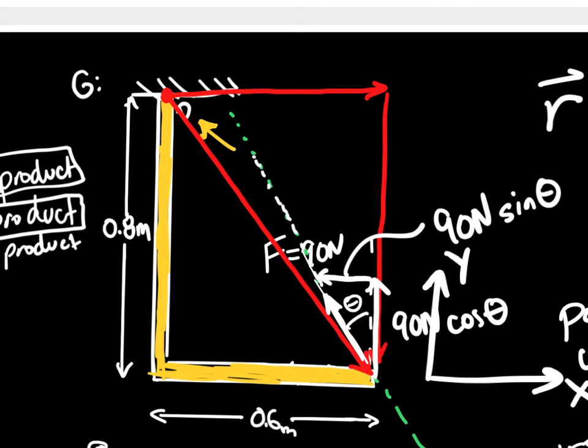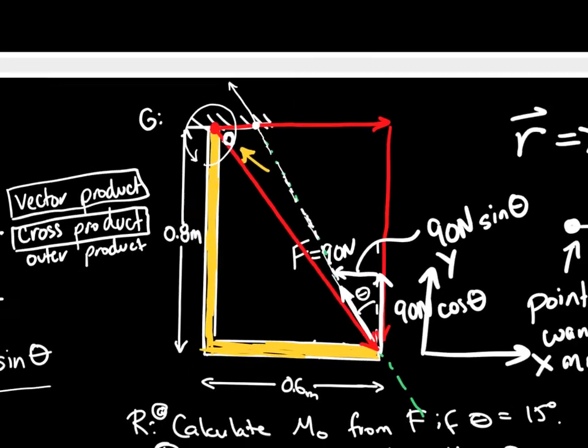But I'm going to follow its line of action until it's somewhere where it's obvious to me which way it's going to cause things to spin around this point that we care about. So in this case, if I put the force here, it should be obvious at that point that it's going to create a positive moment. That's going to be counterclockwise. So that gives me some faith in what we've just done. Okay? So that's the first way to solve this.